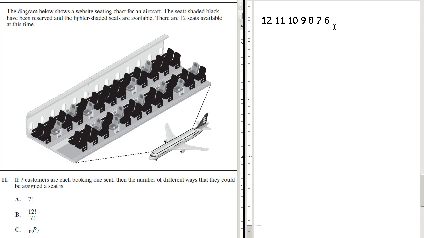So that is 12 times 11 times 10 times 9 times 8 times 7 times 6, which is 12 factorial divided by 5 factorial, which is the same as 12P7.